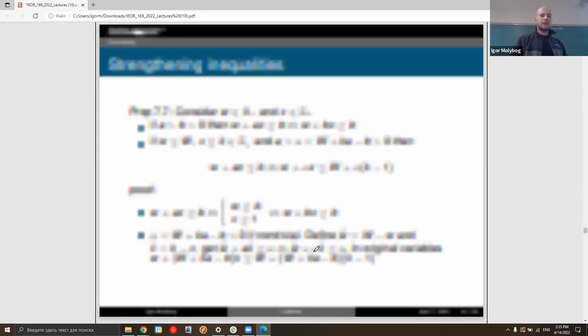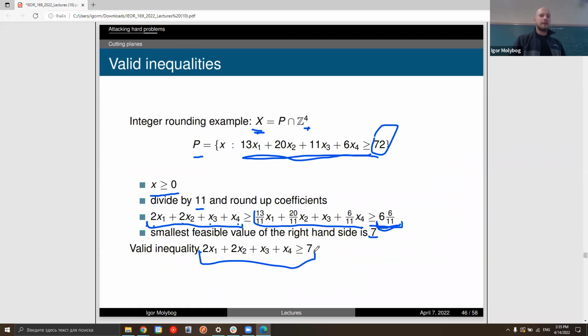And in fact there are multiple values that you can divide by. The thing that you would like to get is fractional coefficients that you can potentially round up or round down.